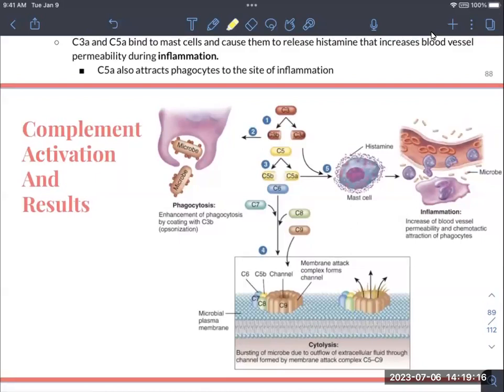This complement protein splits off. It can go over and activate phagocytosis. It can also activate those mast cells, because mast cells secrete the histamine that causes inflammation to come into the area. C5, that complement 5 protein, can split off and activate those mast cells. C6 causes C7 and C8 to activate, which causes C9 to activate. They all attach into the cell membrane, which causes that cell to lyse.